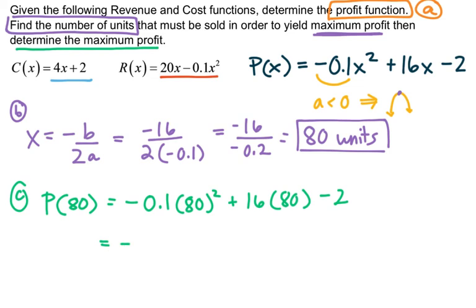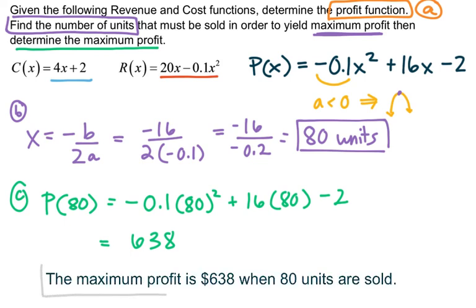Simplifying that, just plug that right into your calculator. You're going to end up with 638. So what this means is that the maximum profit is found to be $638 when 80 units are sold.